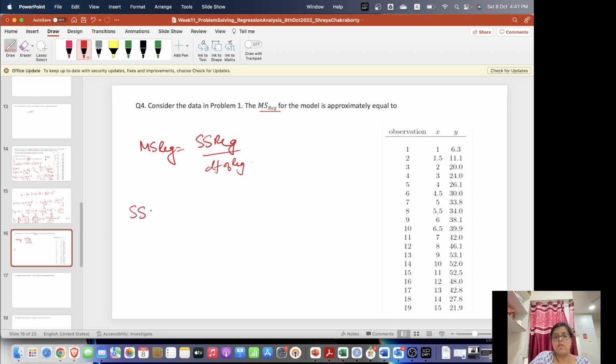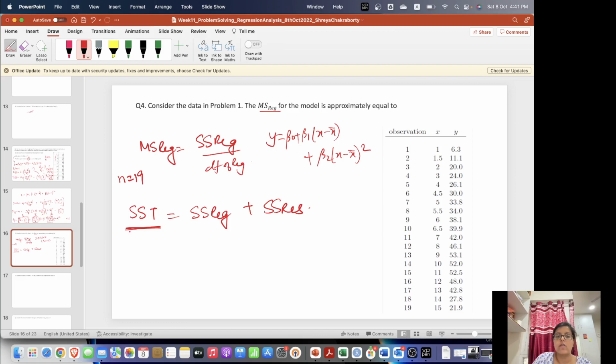Now also we know total sum of squares is sum of squares due to regression plus sum of squares due to residuals, and our model was this one. So the total DF would be, and we have n observations, n equal to 19. So the total DF would be what? How much? N minus 1, that is 18.